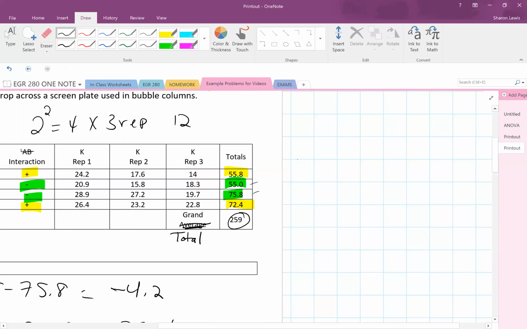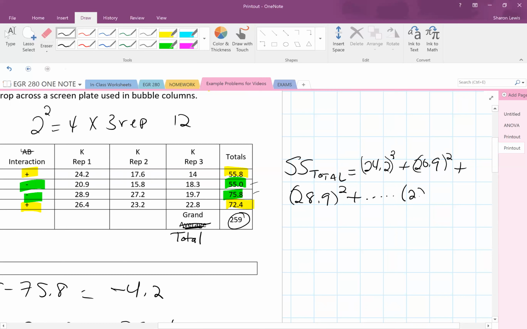So the sum of squares total is equal to 24.2 squared plus 28.9 squared, and then on till we get to the last point in our data set squared.